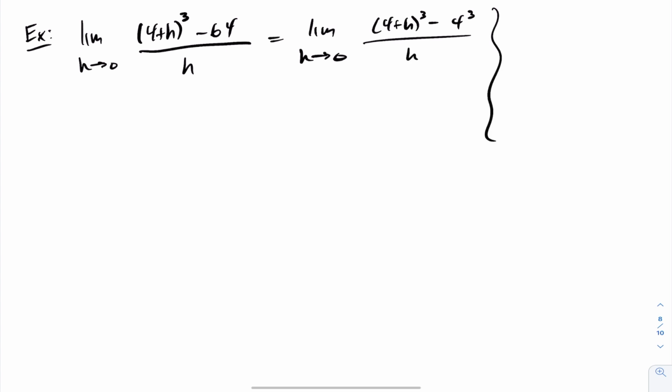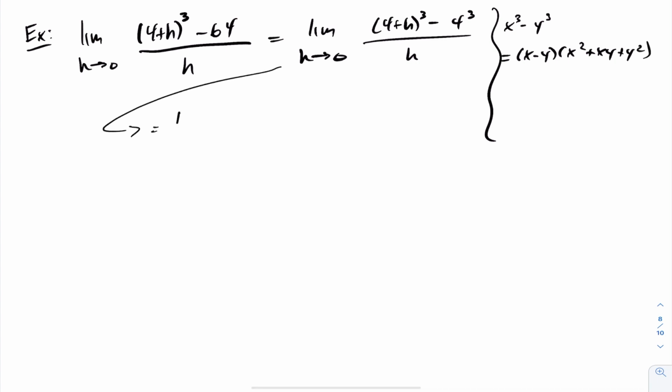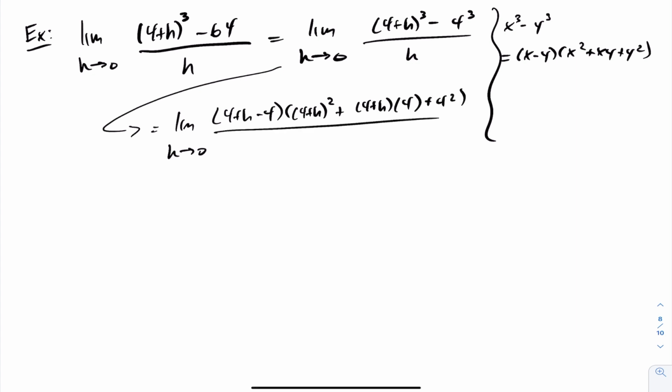And just as a reminder, we know that x cubed minus y cubed factors into x minus y, x squared plus xy plus y squared, which means that this will be the limit as h goes to 0 of 4 plus h minus 4 times 4 plus h squared plus 4 plus h times 4 plus 4 squared, and that whole thing is going to be divided by h. Now we're going to continue our limits.